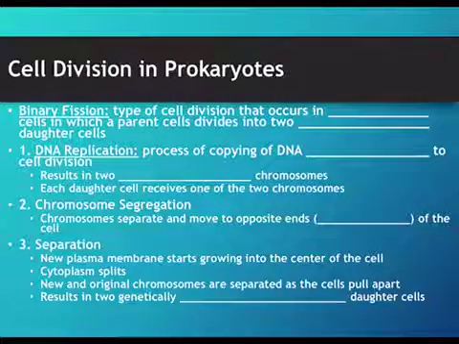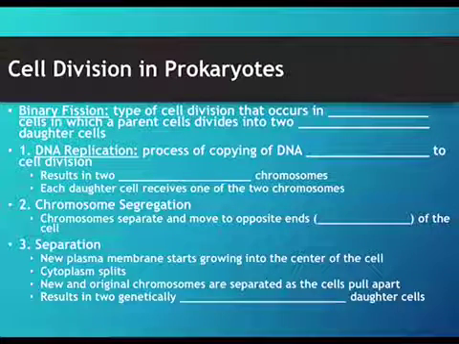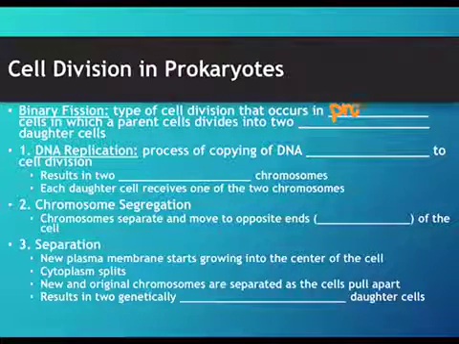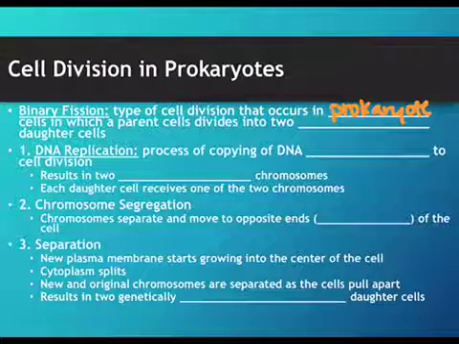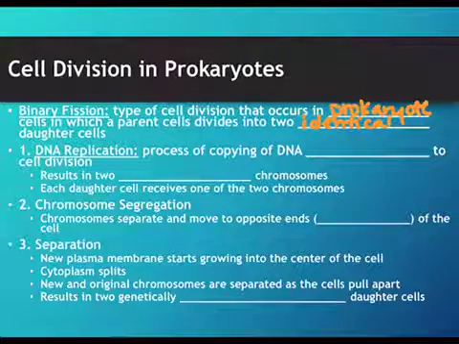So in prokaryotes, cell division is often called binary fission. This is a type of cell division that occurs in prokaryote cells. This is when you have a parent cell and it divides into 2 identical, and we call them daughter cells.